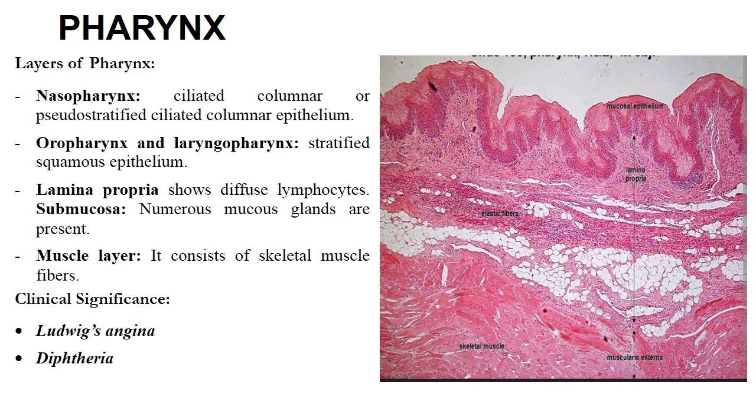Coming to the applied aspect of pharynx, there is a term Ludwig's angina. It is a condition caused by cellulitis and edema of the floor of mouth, tongue and pharynx. In this condition, as there is swelling, there can occur airway obstruction, and simultaneously the food passage is also obstructed.